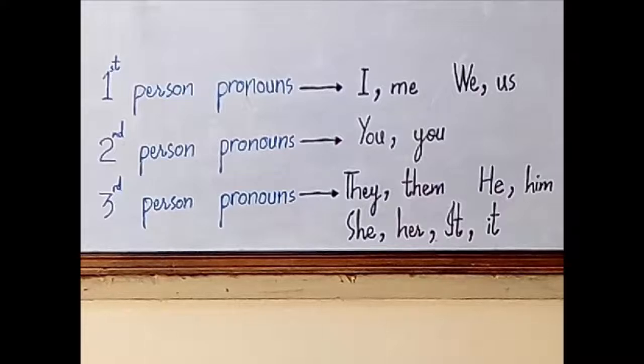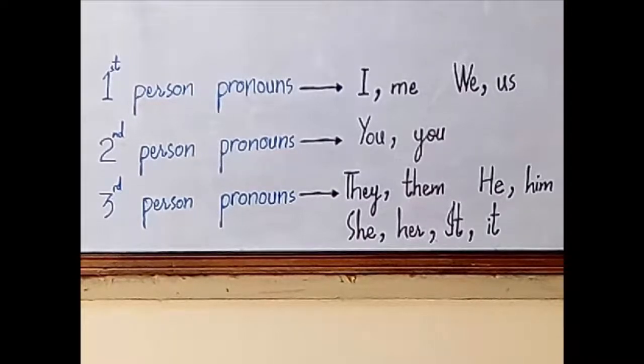And in second person pronouns, we include you. You as subject and you as object. While in third person pronouns, we include they as subject, them as an object, he as subject, him as an object, she as subject, her as an object, and it as subject and object both.